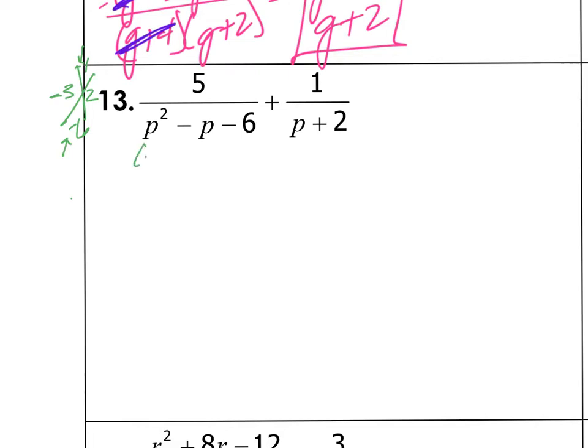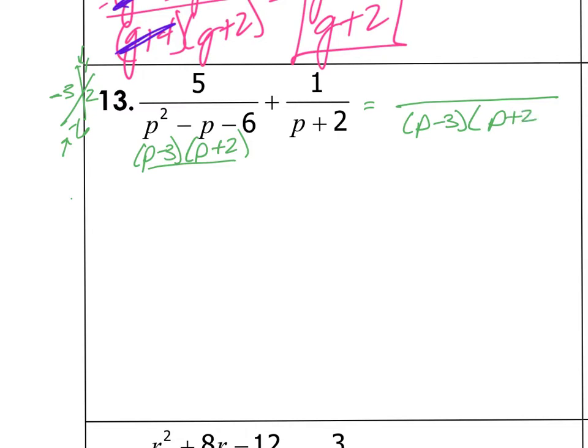So this is going to factor to p minus 3 and p plus 2. So my common denominator, as far as this side is concerned, is p minus 3 and p plus 2. And then this one already has p plus 2 in there, so I don't need to add anything else.